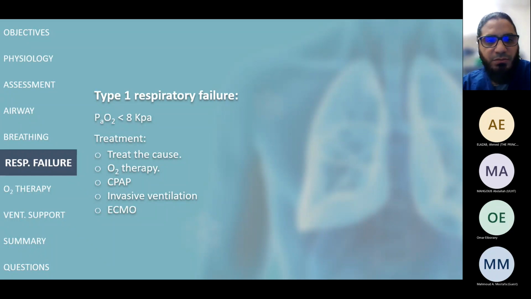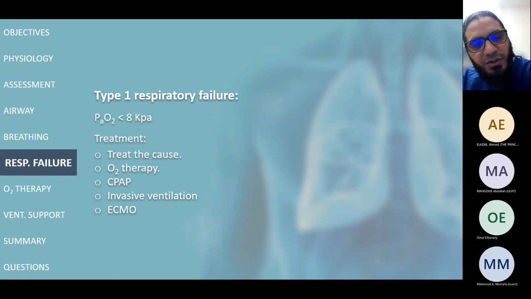If you remember, I've explained the 3 main things that oxygen needs: the FiO2, the surface area, and the transit time. So the easiest thing to correct is to increase the FiO2 to optimize the oxygen delivery, and we will speak about it in detail shortly.